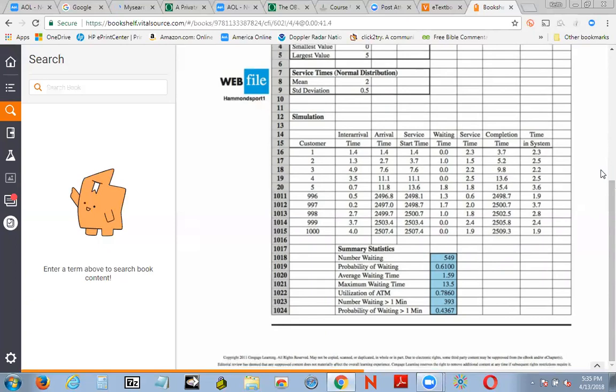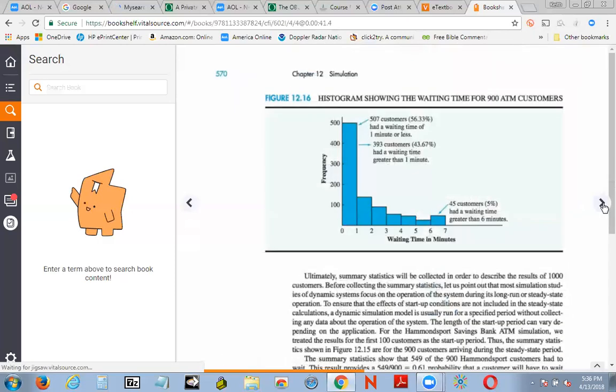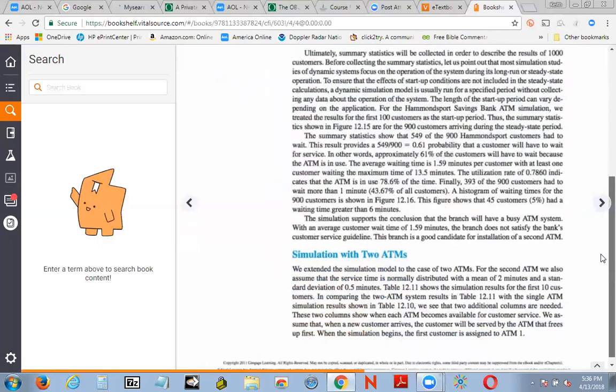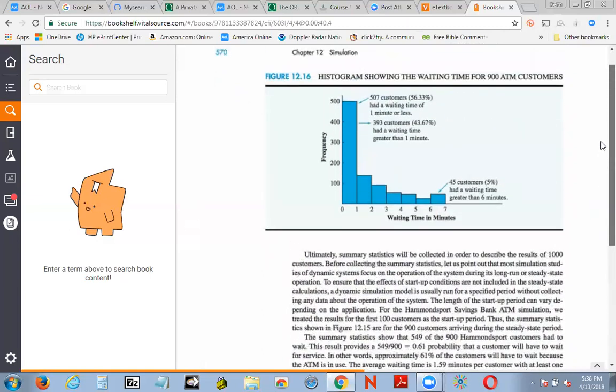And then below are summary statistics, which include the number of people, number waiting, the probability of waiting, the average waiting time, maximum waiting time, etc. And then they show us a histogram of that distribution. Okay, so that's Hammond's port 1.